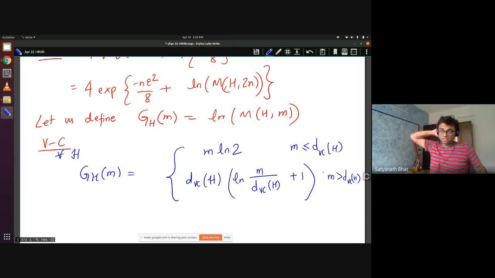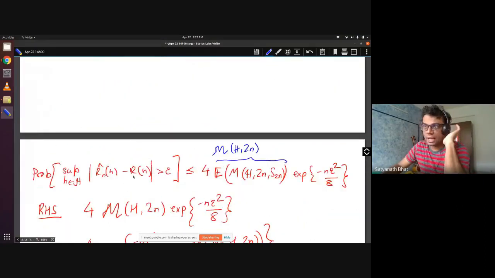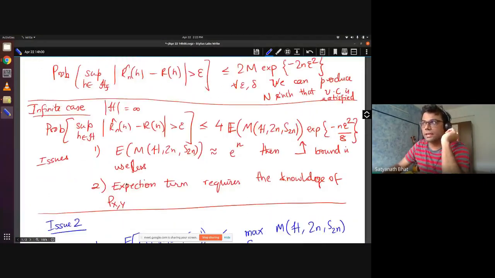Let us repeat the whole thing once again to get it clear. For the infinite case, we had this expression that we derived from the last class, the expected value of how many distinguishable hypotheses exist.